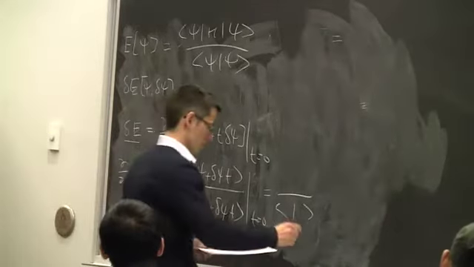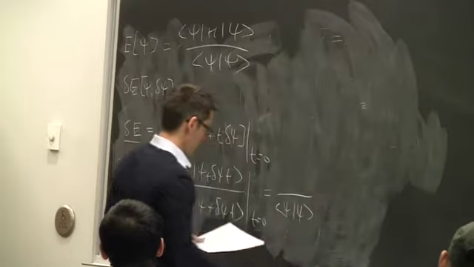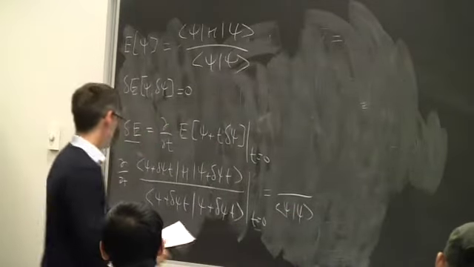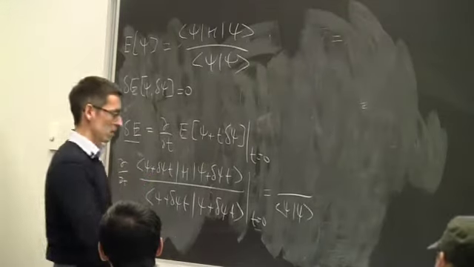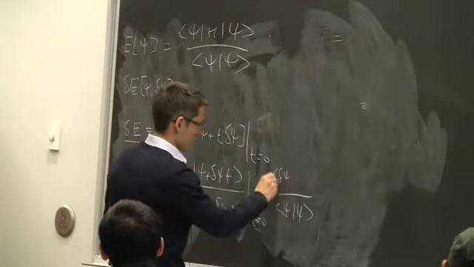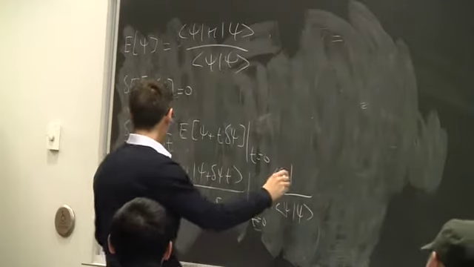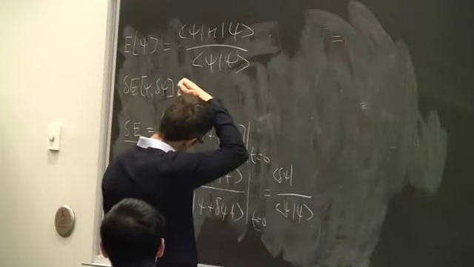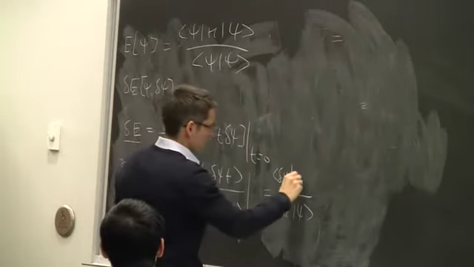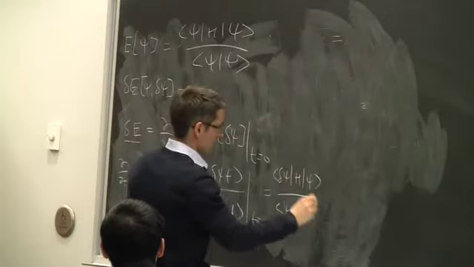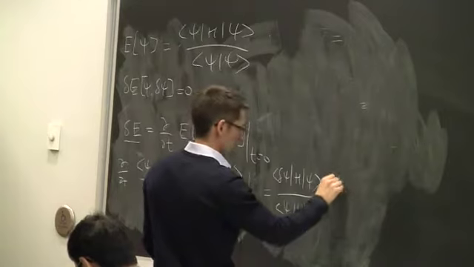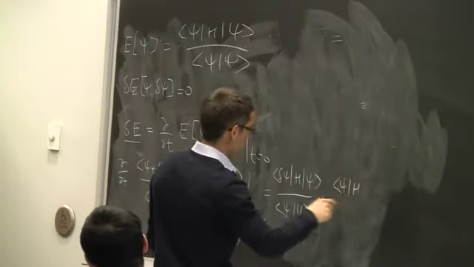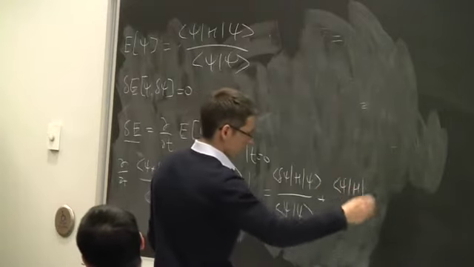So it's very straightforward. And then in the numerator, we differentiate with respect to t. What we'll get is nabla psi h psi plus the complex conjugate expression, where we do differentiation in the ket part.